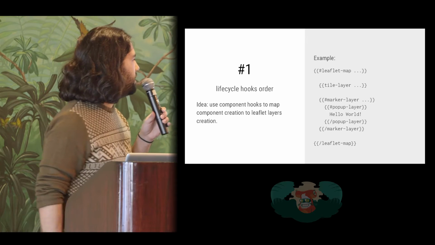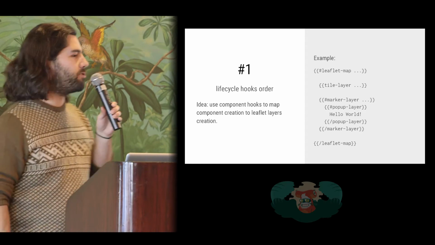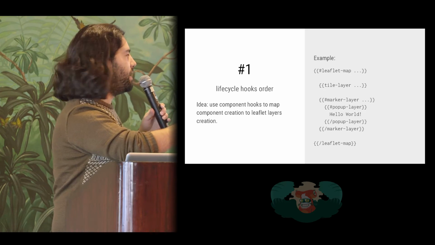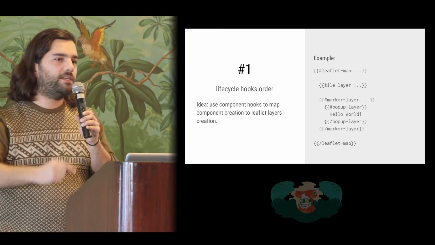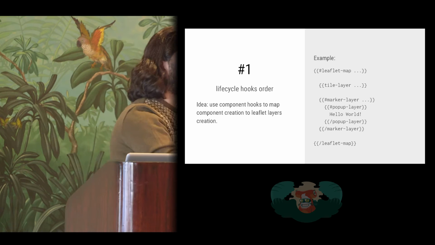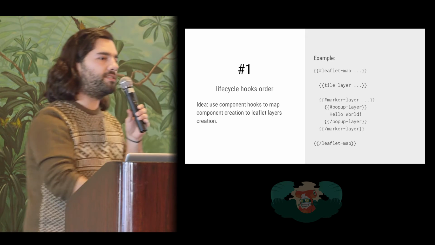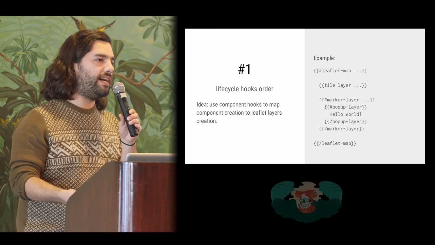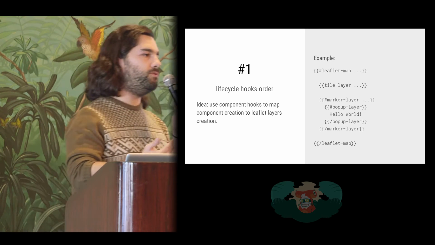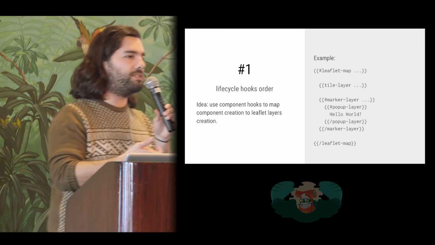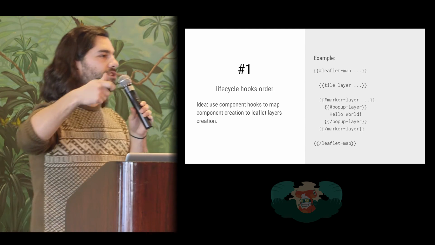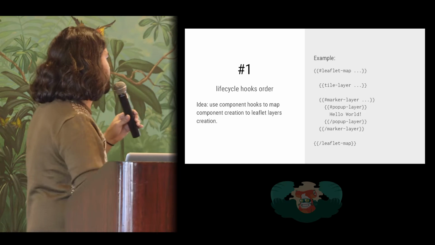The first one was the lifecycle hook sorter. The idea was I would compose these components and use the lifecycle hooks to trigger the Leaflet creation process. The components would be tagless and templateless. I don't want DOM. I want to just use the lifecycle hooks to trigger the correct logic to create the Leaflet layer or map.